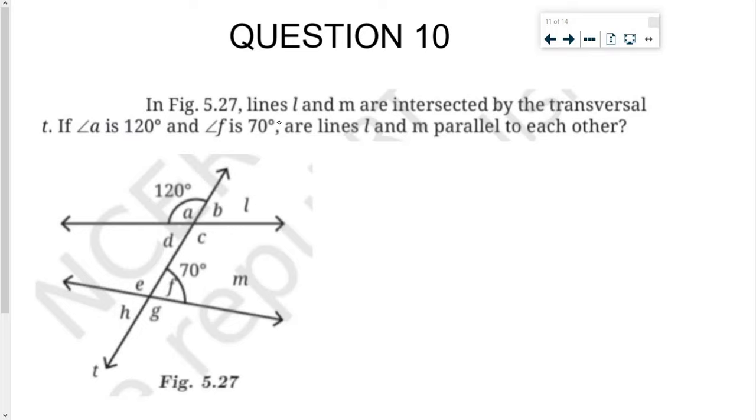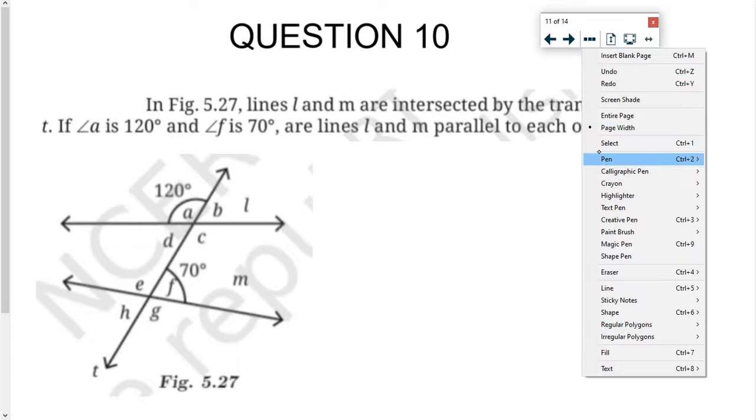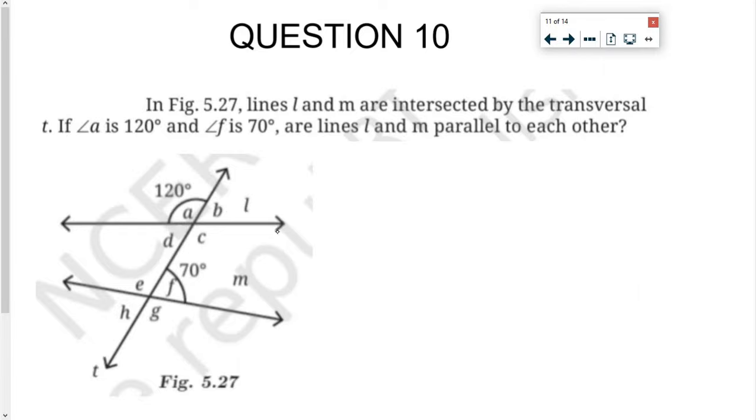All right. So in figure 5.27, lines L, this line is line L and this line here is M, are intersected by the transversal T. This line and this line has been intersected by this transversal T. If angle A is 120, if this angle here is 120, and angle F is 70 degrees.